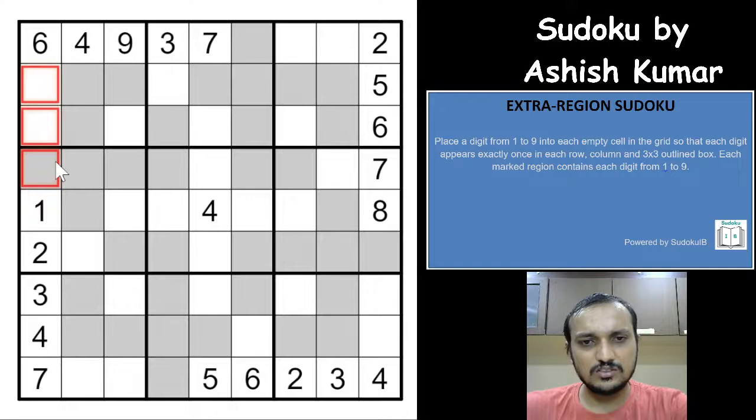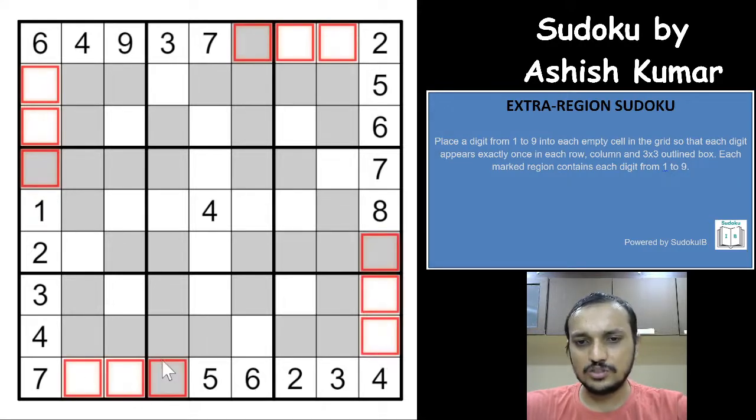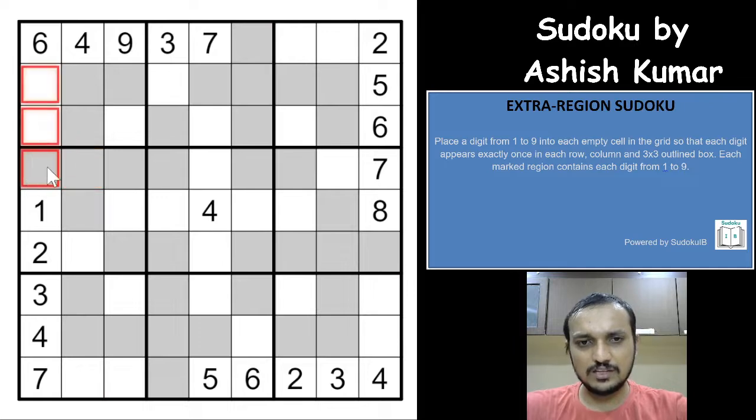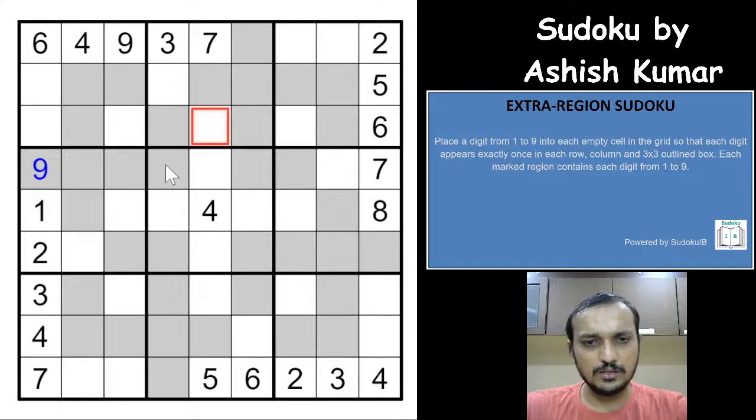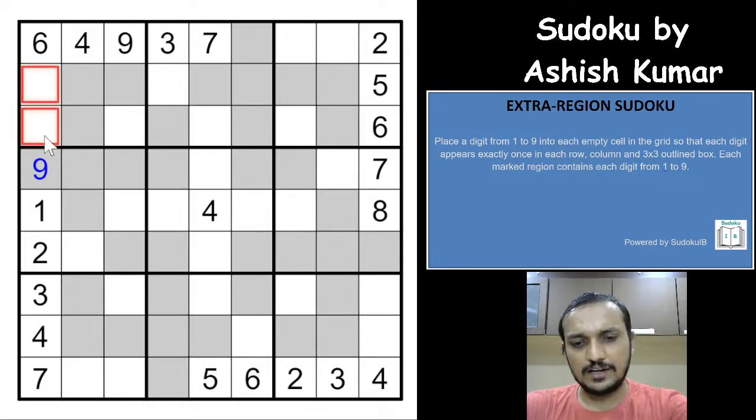The first thing is seeing all these rows and columns which have only a few digits left that can be filled easily. So as you can see, a 9 would have to be here. I'll just do it with the blue here. These 2 digits are 5 and 8 in any order.